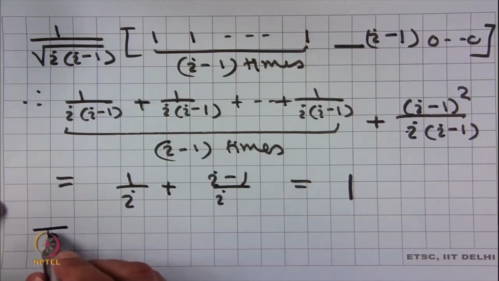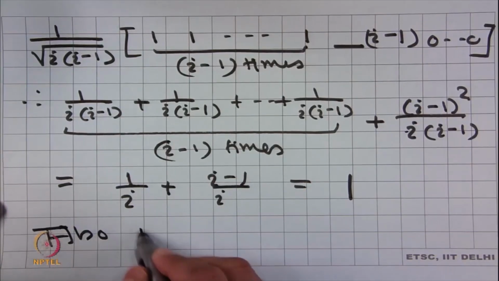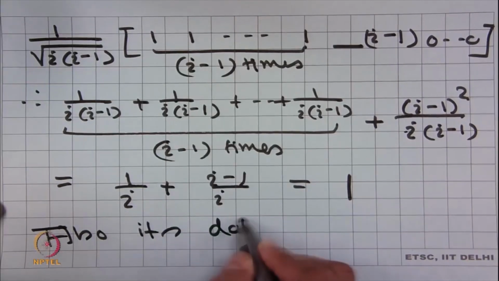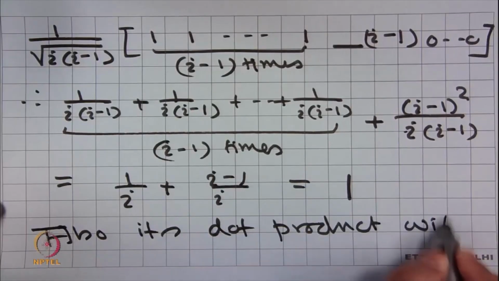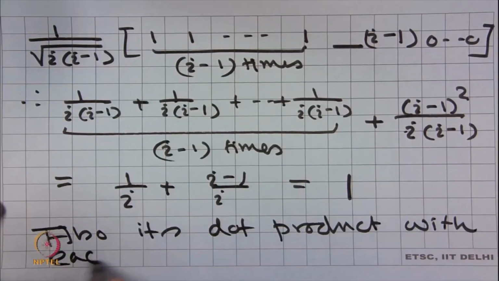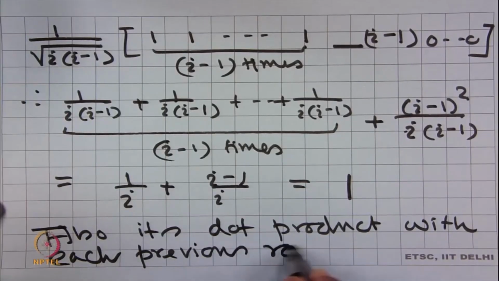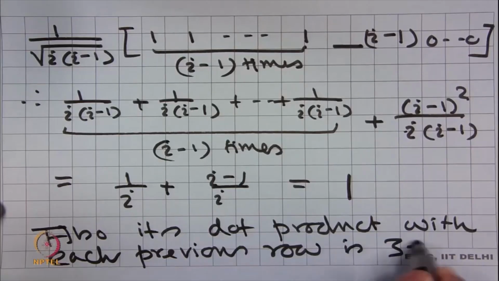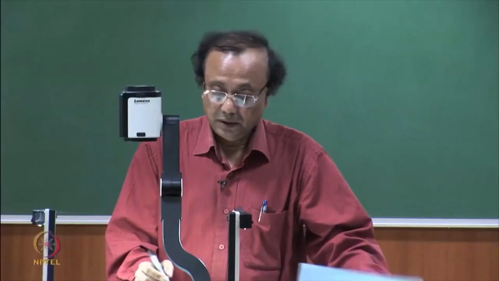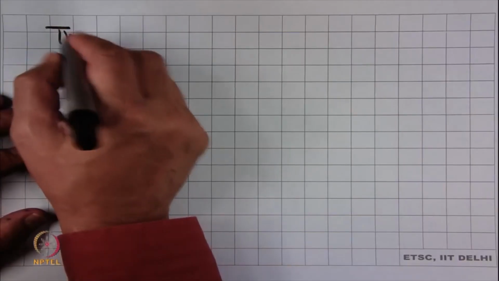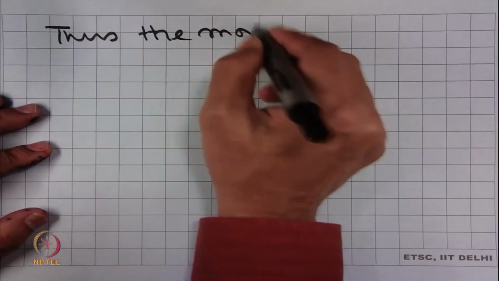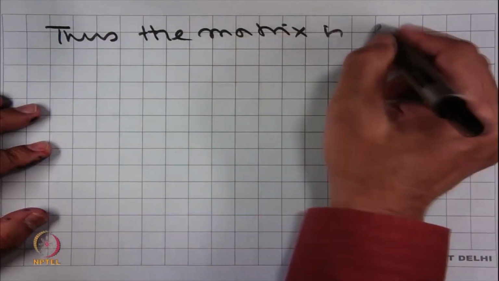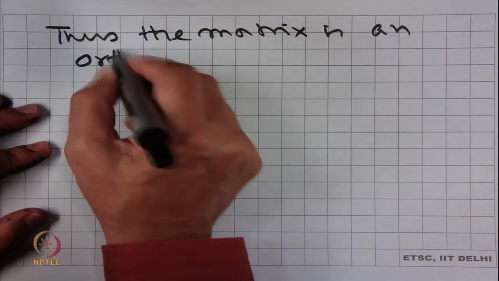Thus, the matrix is an orthogonal matrix.